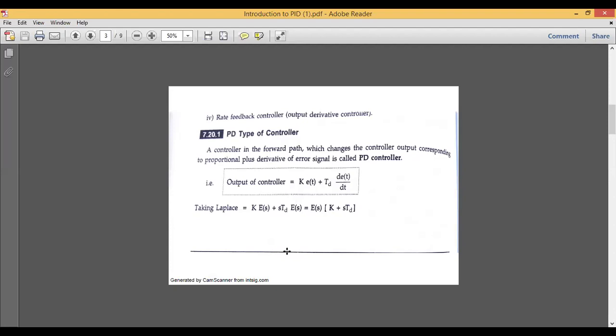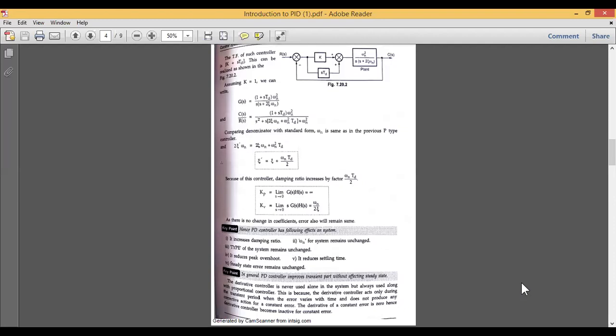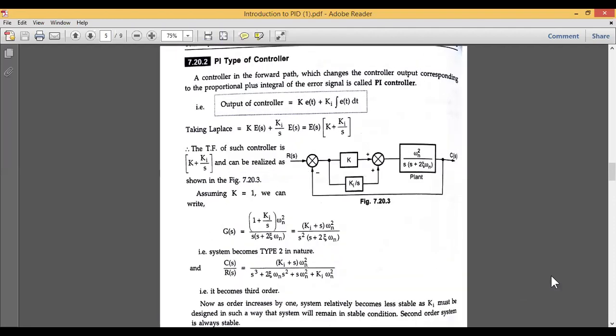If I only go with the derivative, not including the proportional, then it becomes very difficult to maintain the damping ratio. Therefore there should always be some proportional part along with the derivative part. These are the things we have seen in the previous video lecture.